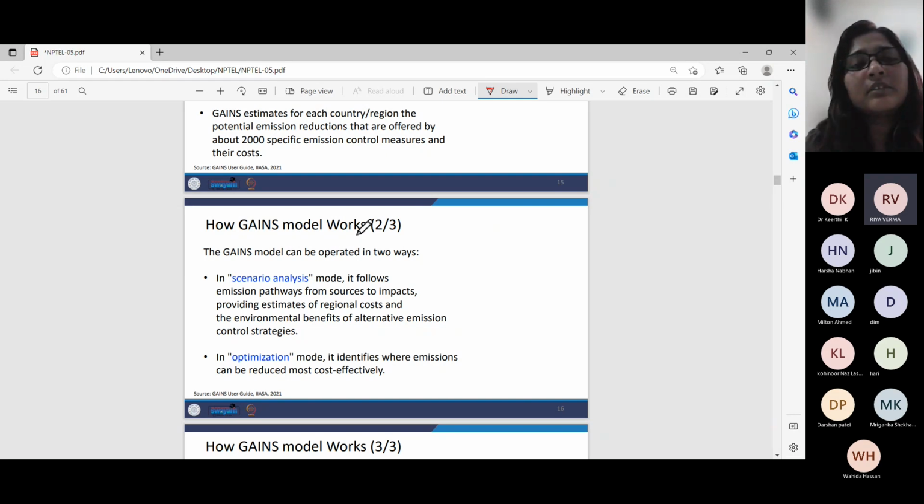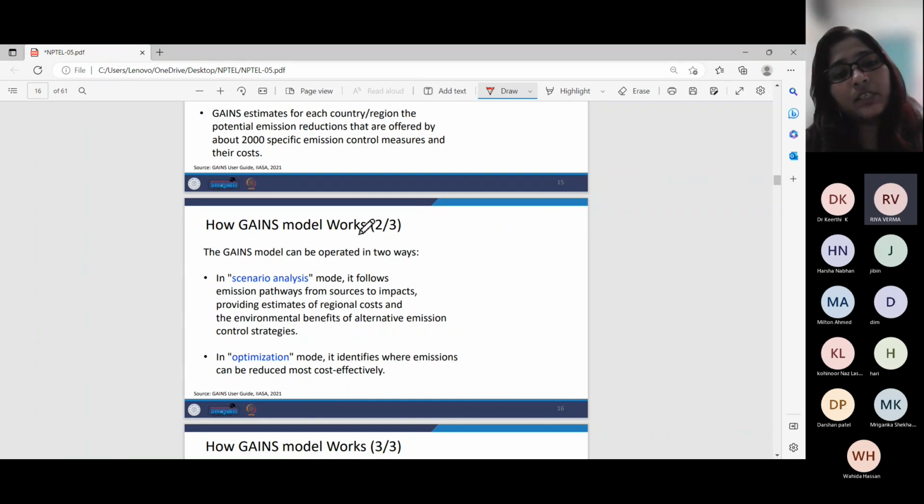And the difference between these two modes is that the scenario analysis mode is more about the source, the emission and impacts, and then the prevention or control strategies type of method.